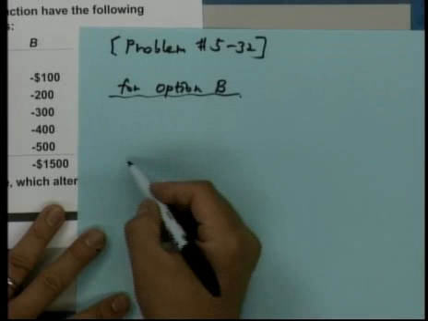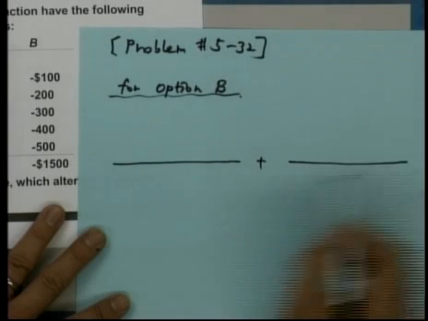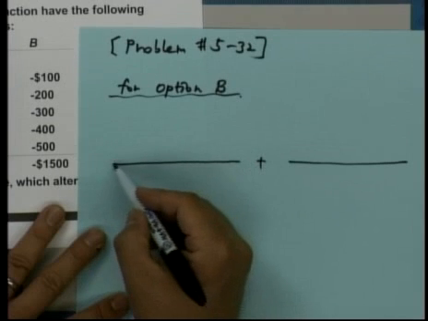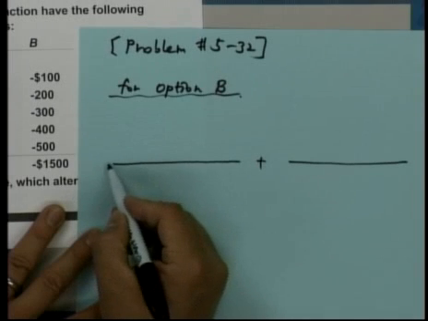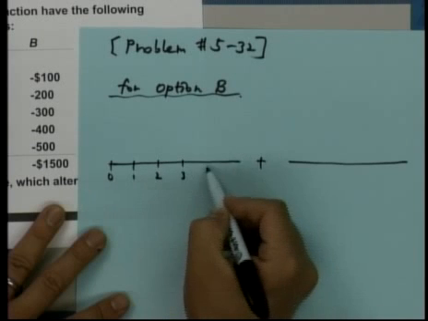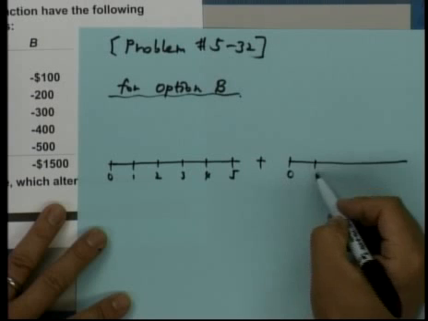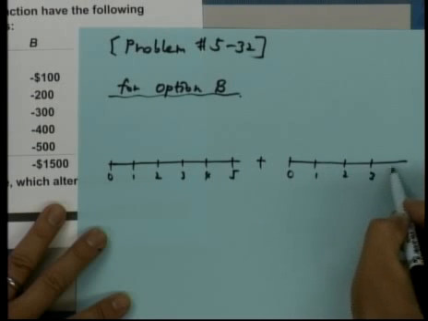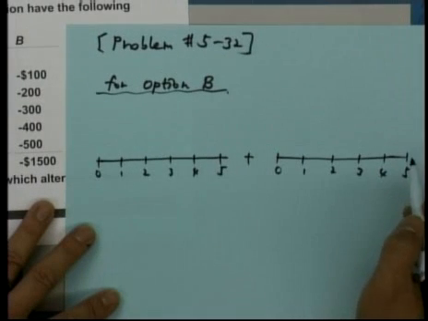So for option B, we're going to have these two cash flows. Zero, 1, 2, 3, 4, and 5.